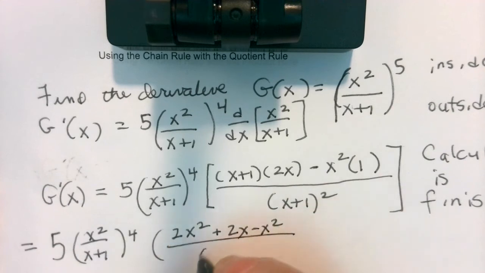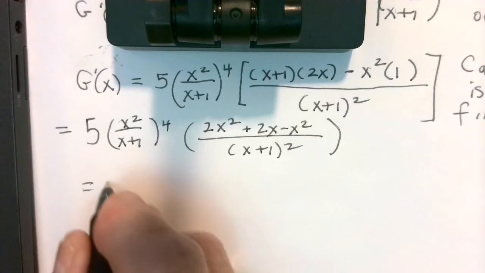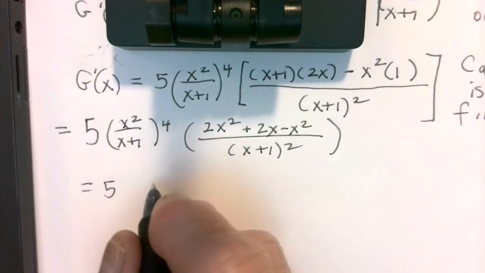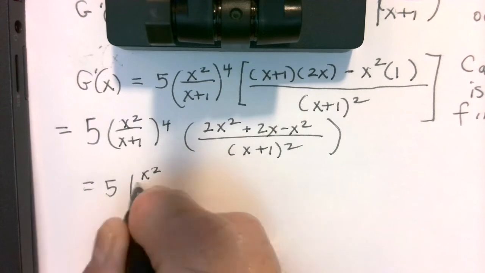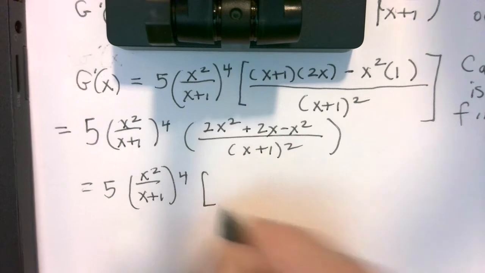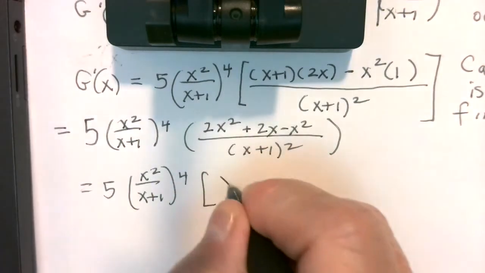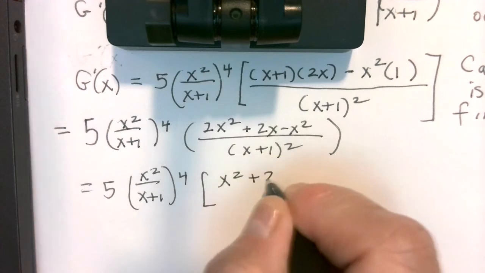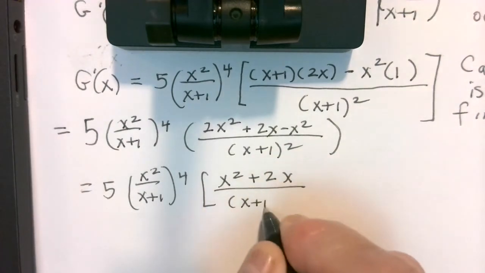And that's all over x plus 1 squared. Okay, so I got 5. And then I'll just rewrite this for a second, and then I'm going to combine like terms. So I'm just going to have an x squared plus 2x over x plus 1 squared.